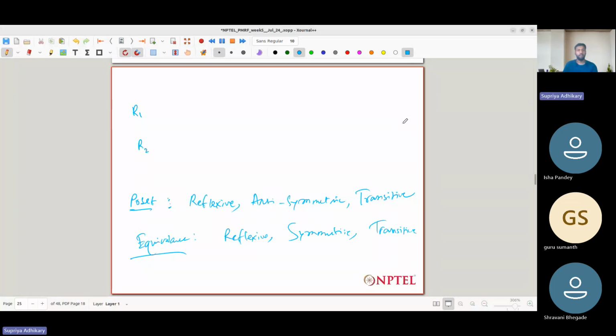These are the conditions that need to be fulfilled. So for R1, we will now check whether this is reflexive, antisymmetric, symmetric, or transitive. We will check all these cases for R1 and R2.